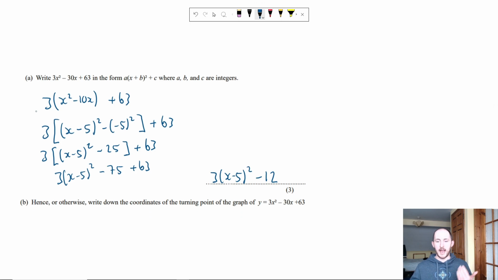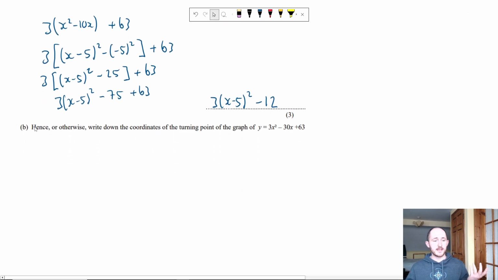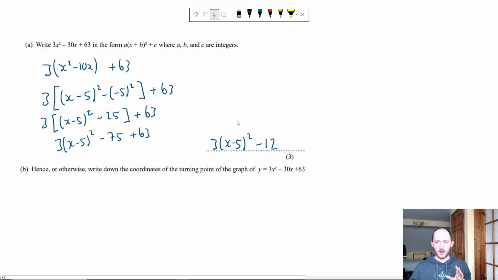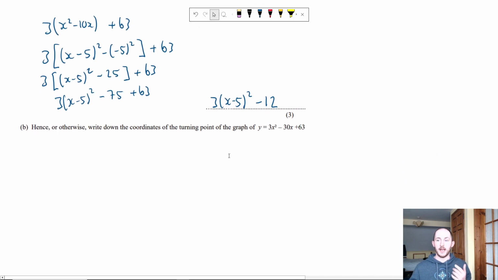And that's it. Hence or otherwise, as a bit of exam technique: whenever they say hence, that means you're just using part A. So we're using this equation to solve this, okay? And again, all you do is take the value in here, flip the sign so it becomes positive, take the value here, and keep it the same.